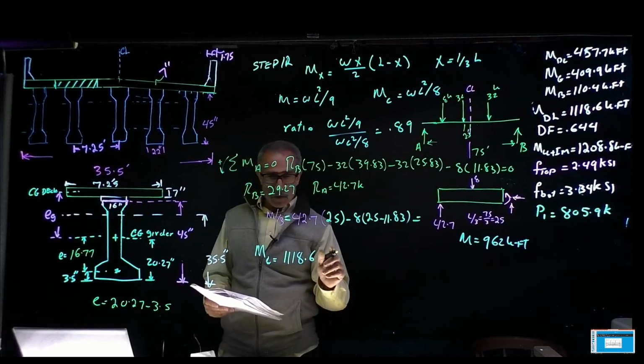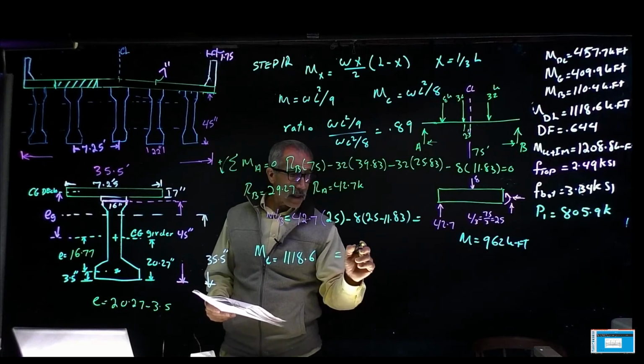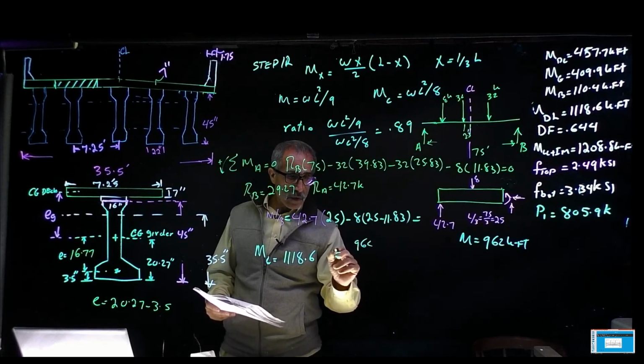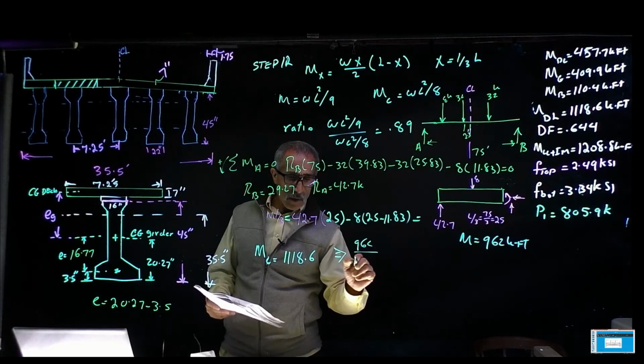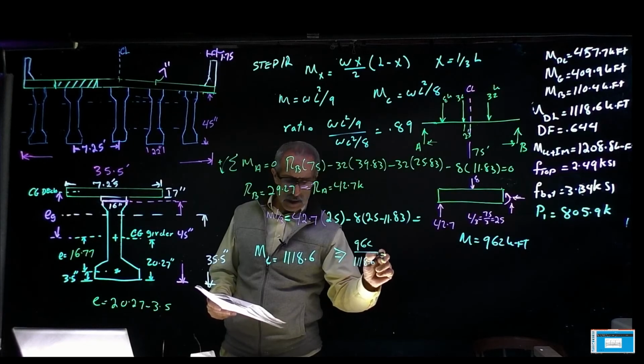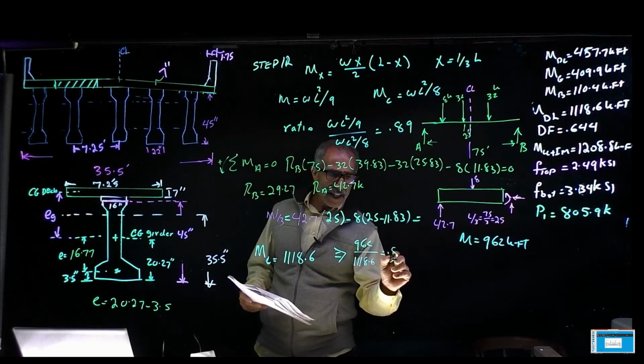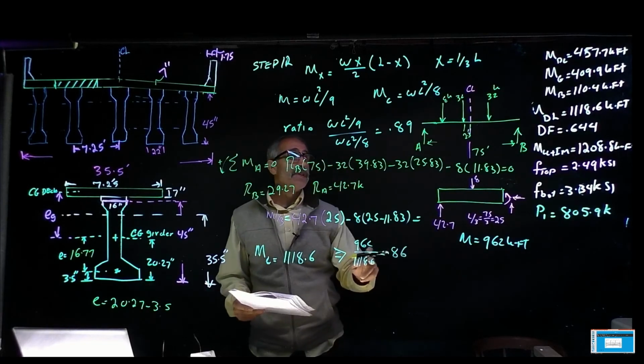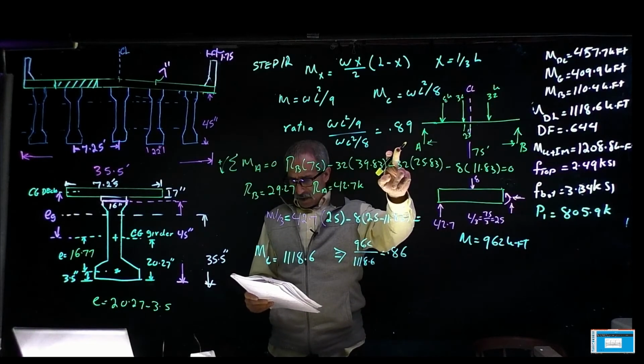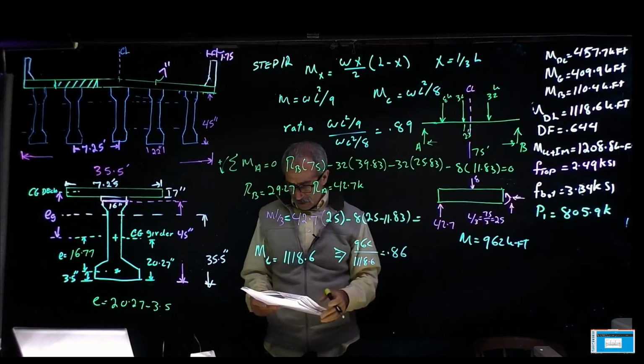So the ratio is going to become 962 divided by 1118.6, and that's going to come out to 0.86. So this ratio and that ratio, there's really not much different, so we're just going to go ahead with that.